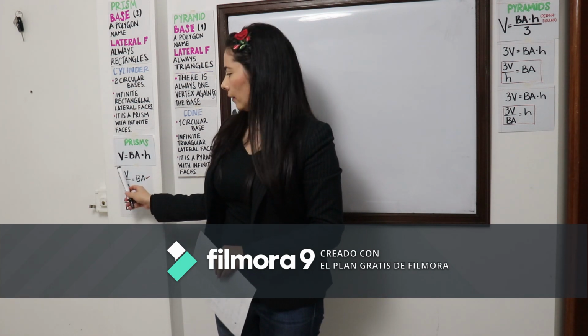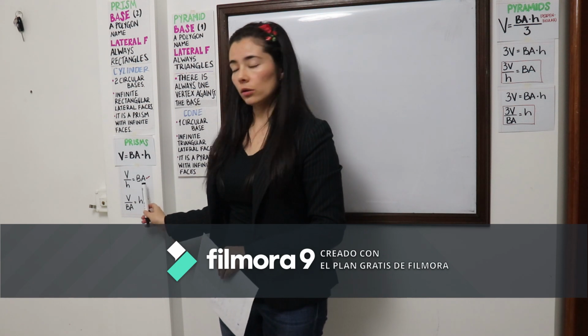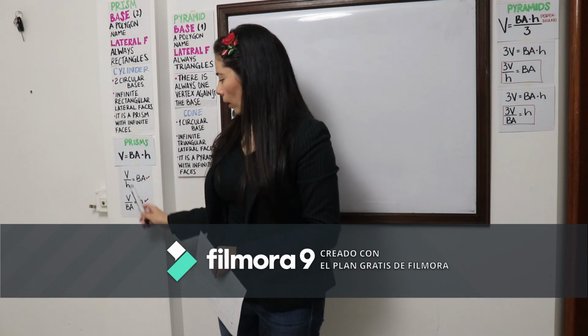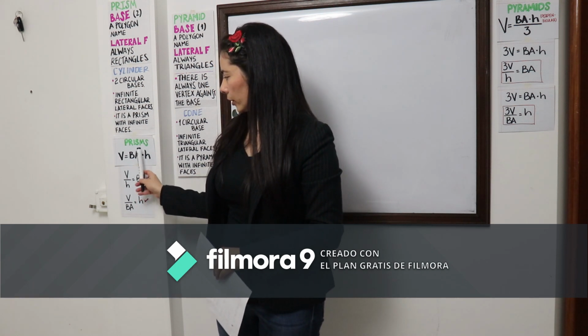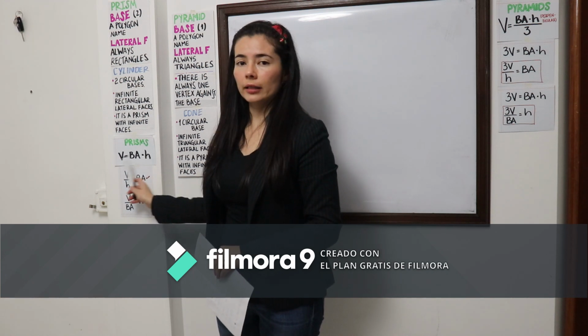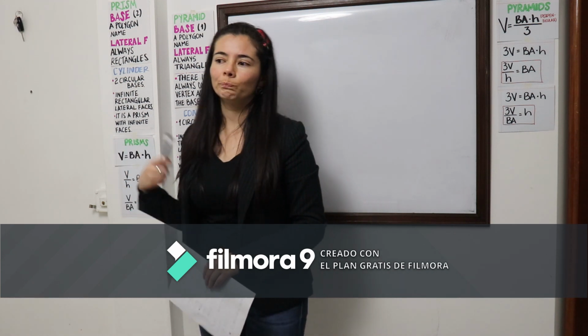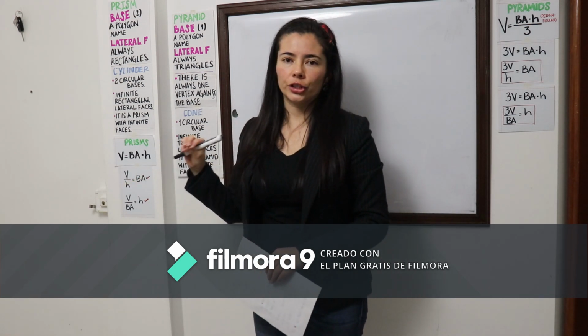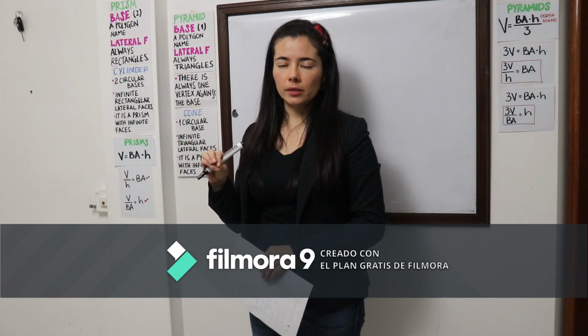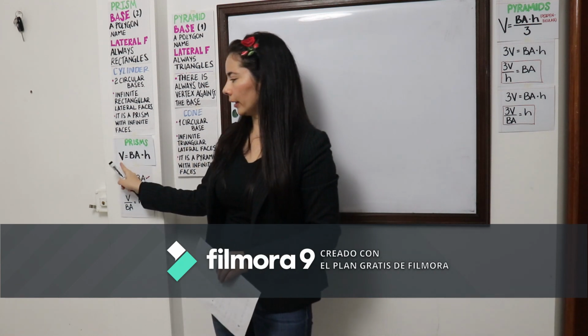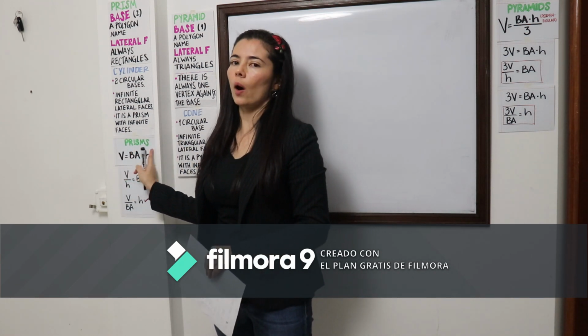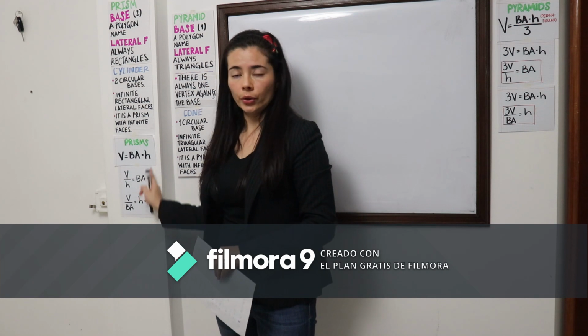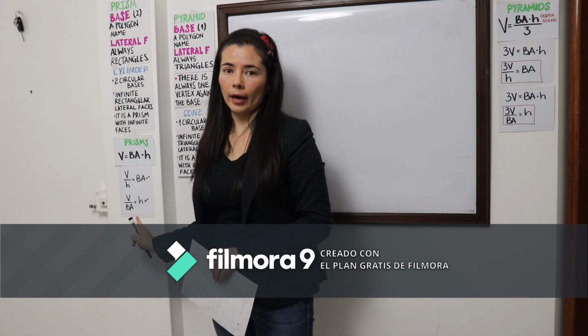So we get volume divided into height equals base area, right? Or if we want to find the height, we just have to divide base area divided into volume. So it's all a matter of making sure that if we have problems that don't ask you to find the volume, but to find the base area or the height, you would have to use either of these two, okay?